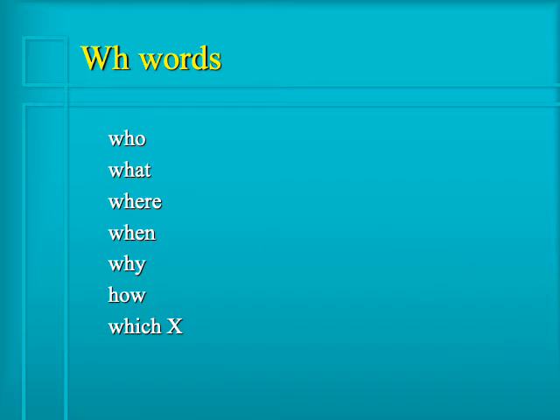A lot of Japanese high school teachers say 5W1H, but here we have 6W because it includes, I guess, which X. So we have 6Ws and 1H here as WH words.